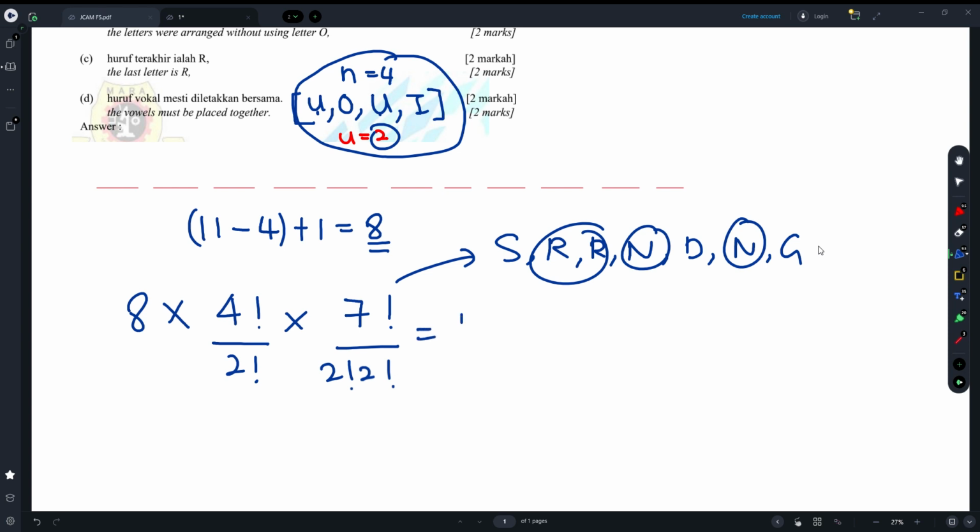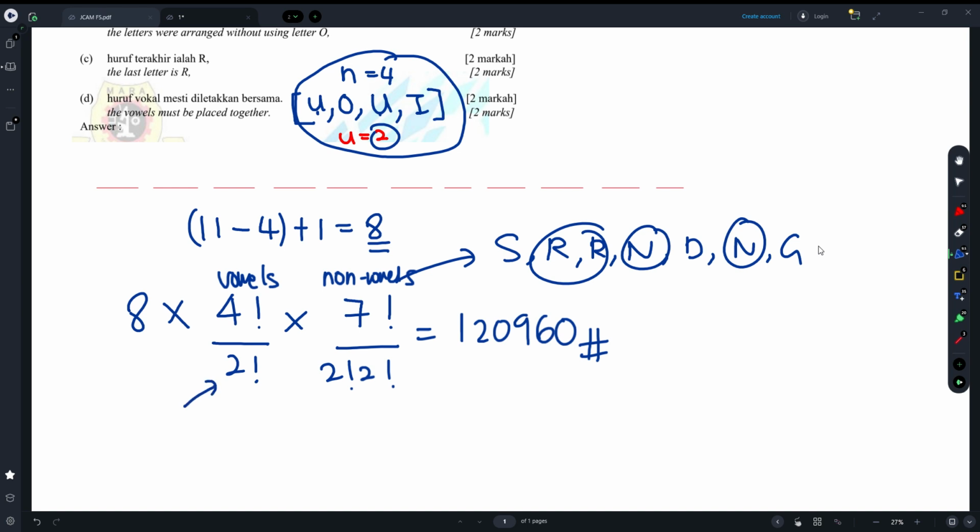So here the answer will be 120960. That's all. So please make sure you divide like this, and then you have to do it for the vowels here, and this is the consonants or non-vowels basically. There are 4 vowels and 7 non-vowels. Among the 4 vowels, U is repeating 2 times, that's why I put 2 factorial at the bottom.